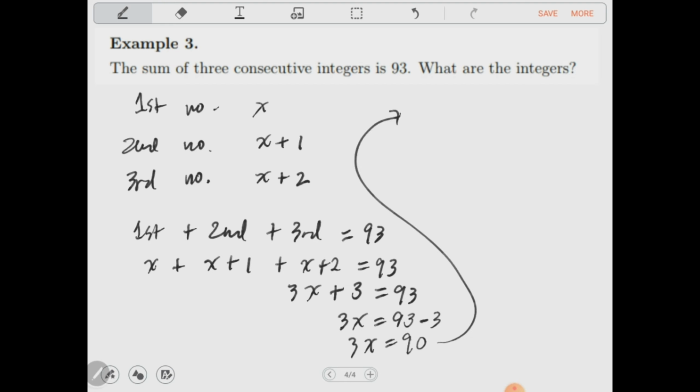Divide both sides by 3 so that you can have the value of x. So 3x was 90 divided by 3. Your x is equals to 30.